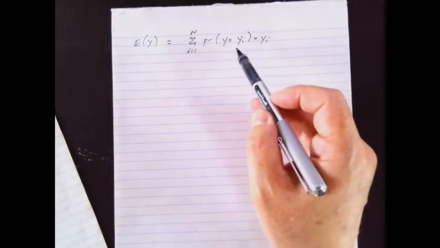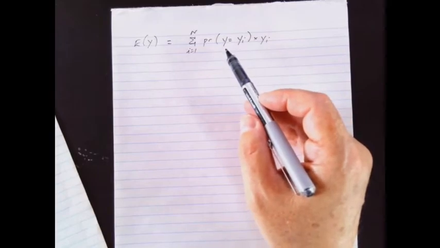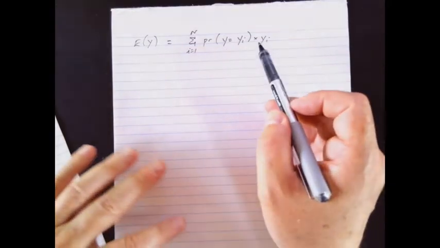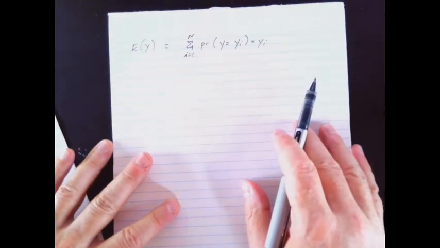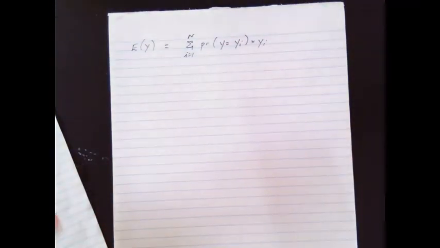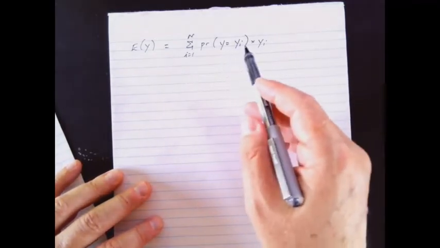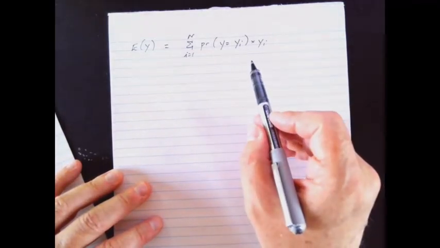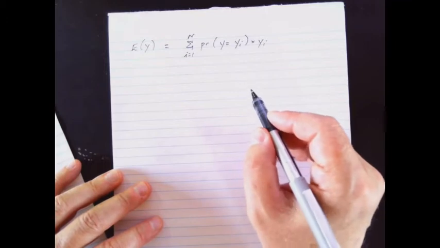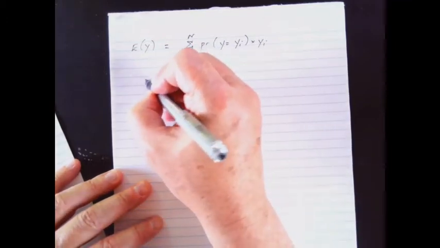Now, if all the probabilities are the same, then it turns out the expected value and the mean are the same thing. It would be possible to show that mathematically, but I'll just write it out.